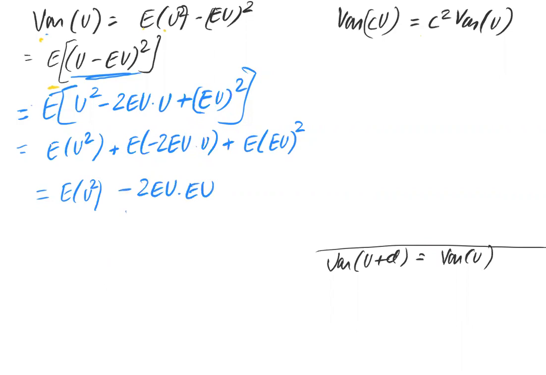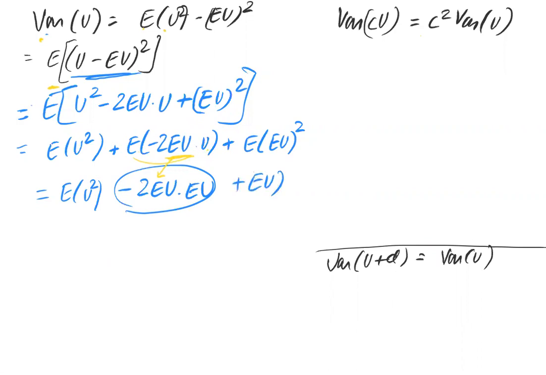Why did I write this? What happened here? Remember that EU is just a scalar quantity. It's a particular number. So you can just use it as a scalar and get minus 2 EU here and E times U. And the same thing happens again.